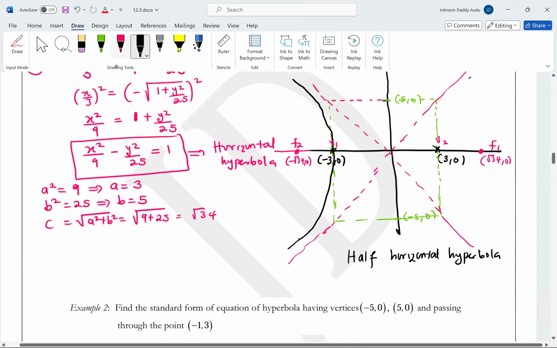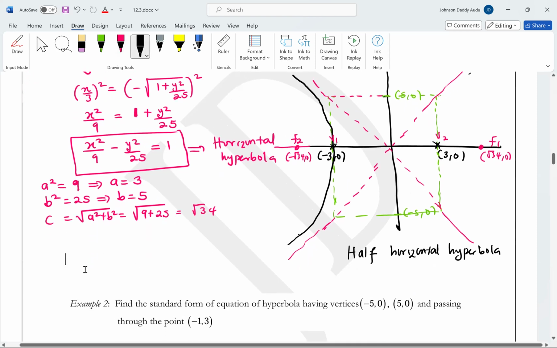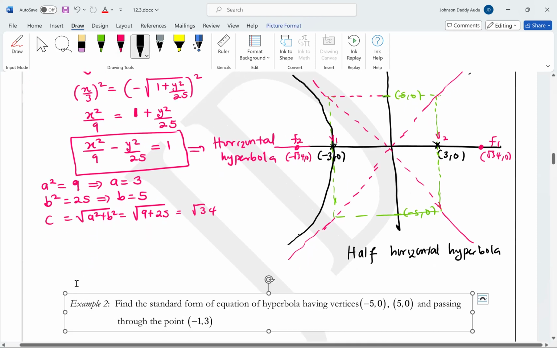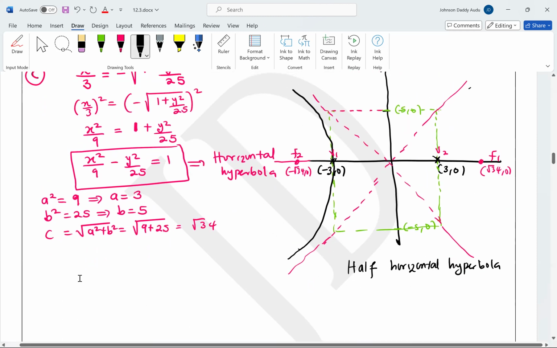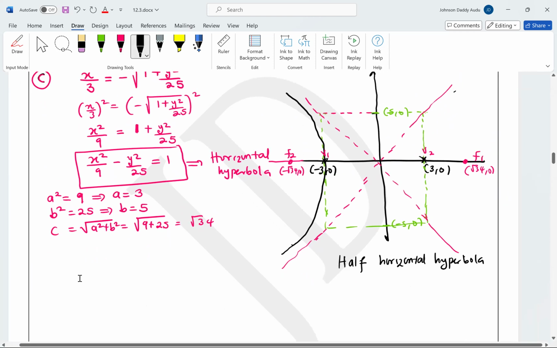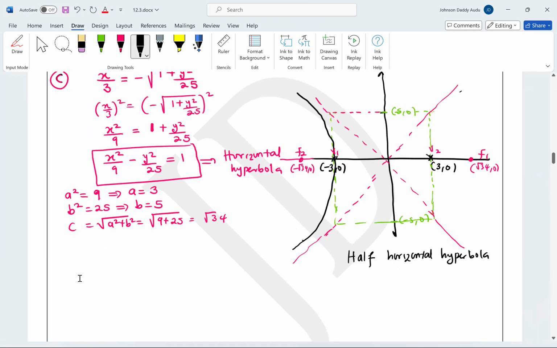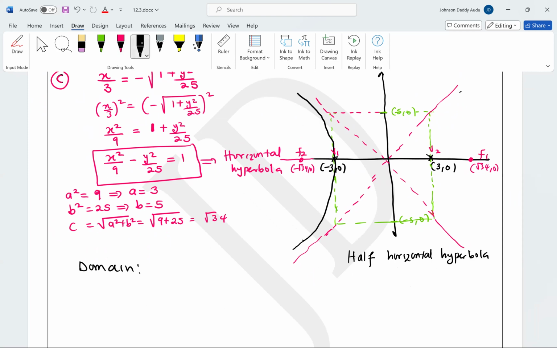So here, we can try to bring out all the things that we talked about. It's going to be almost the same. So I think the only thing that will really change is those two things. So I'll only talk about that here, just to avoid repetition. Let's talk about the domain now. So what will be the domain of this? The domain is just going to be from minus infinity to where?